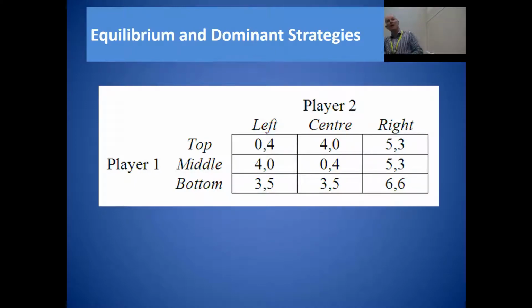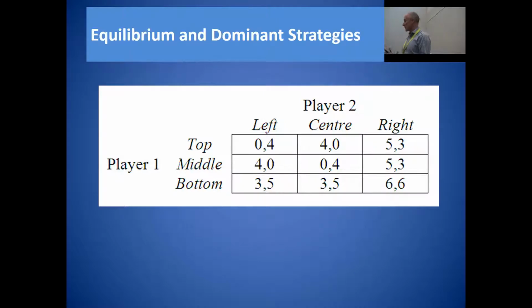The first figure, for example, the 0 there, top left, represents the payoff, what player 1 gets. The second figure, in this case, top left, represents the payoff to player 2. And all of the other combinations reflect the same thing, the same order of preferences.